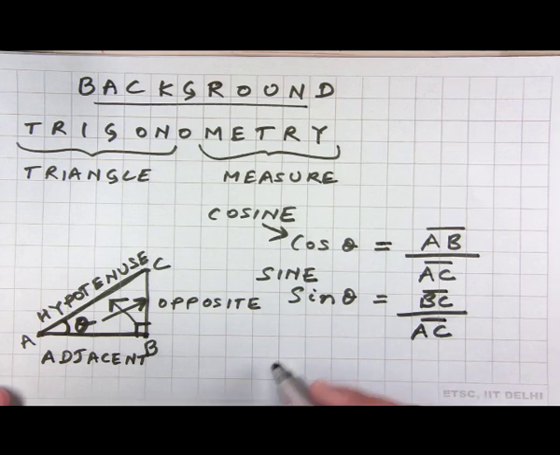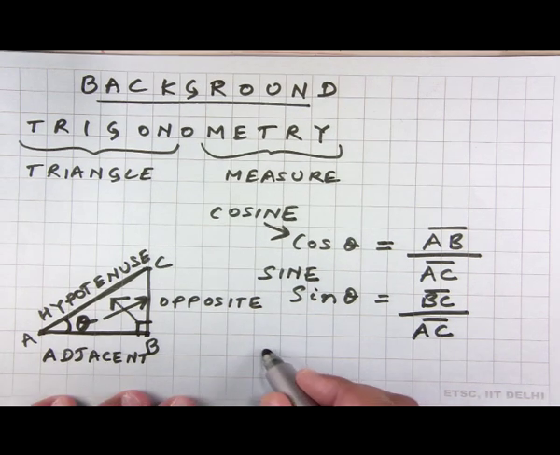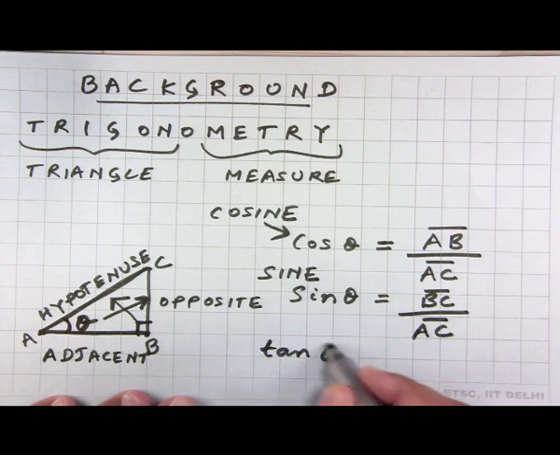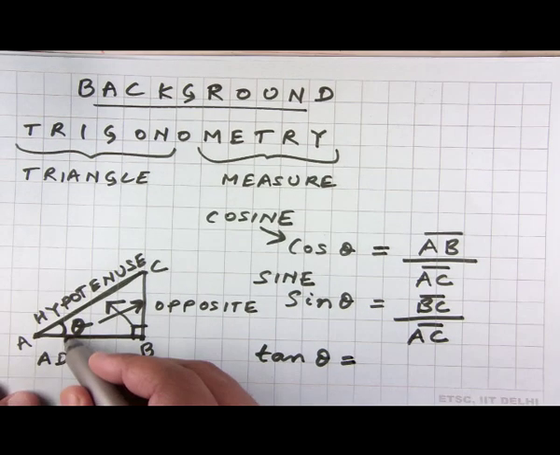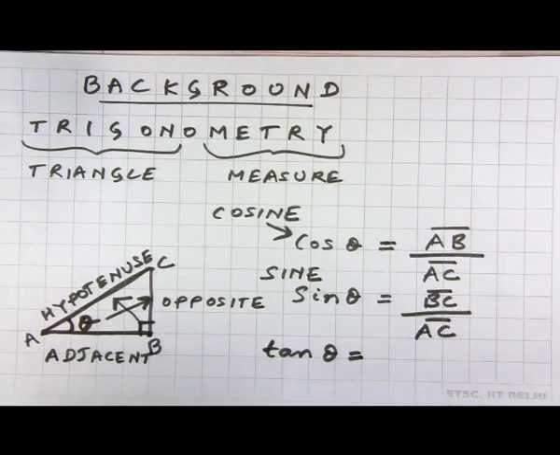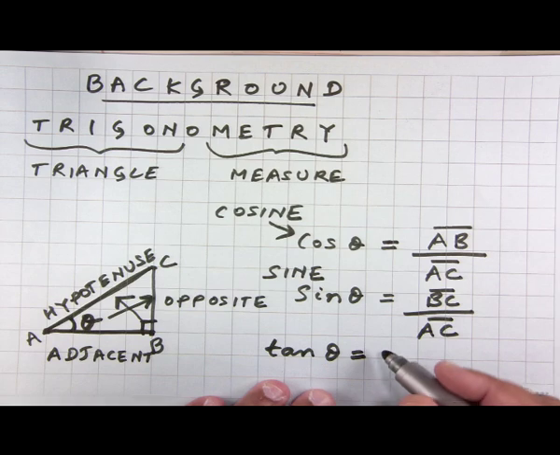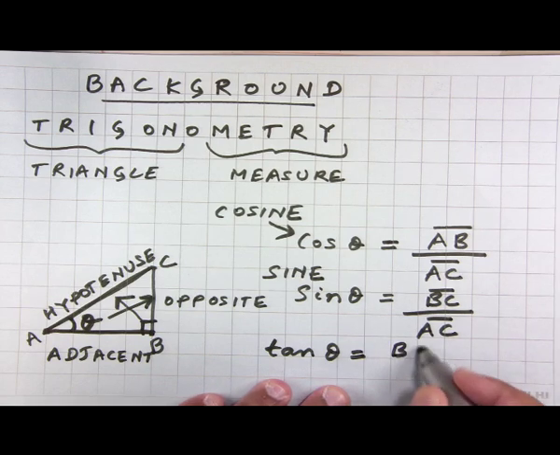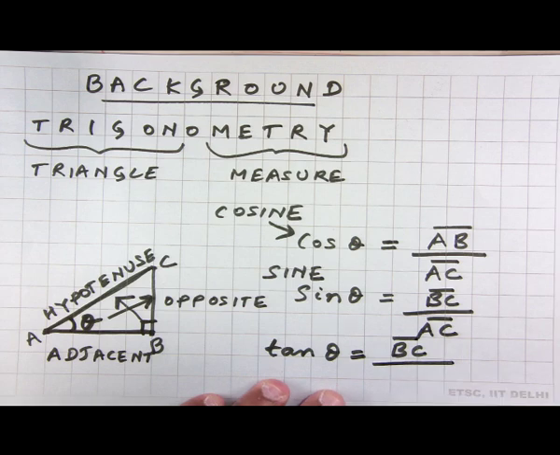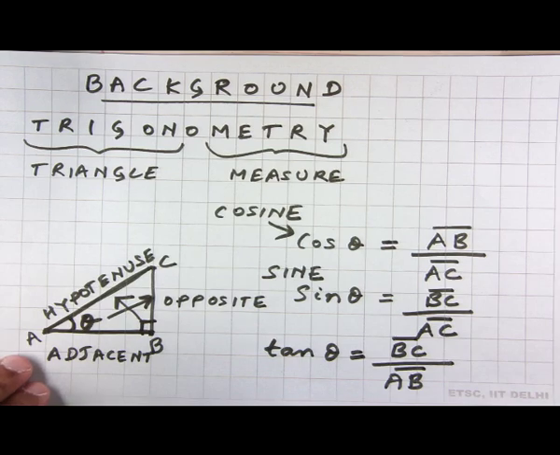And then finally, tan theta, which is the tangent of this angle theta, is equal to the length of the opposite side, which is BC, upon the length of the adjacent side. So, this is already what has been studied by you.